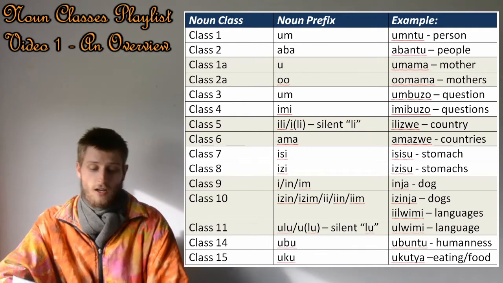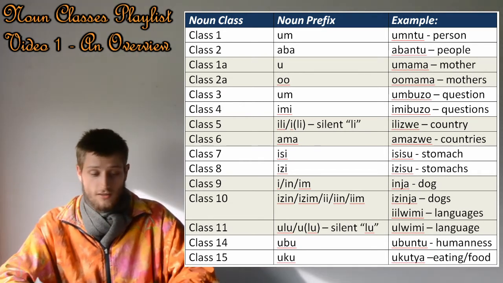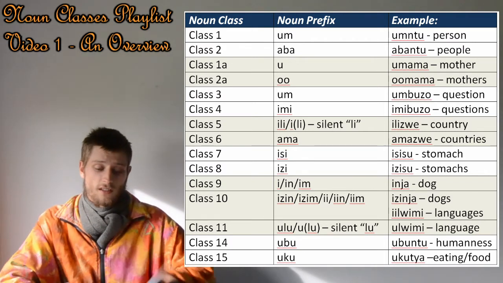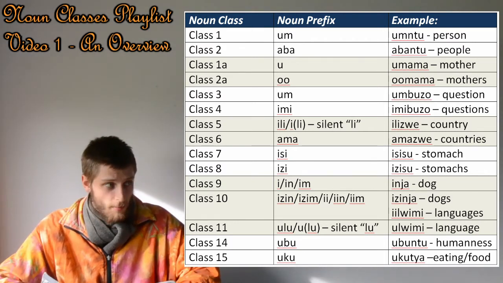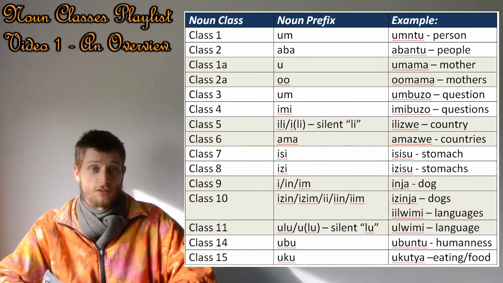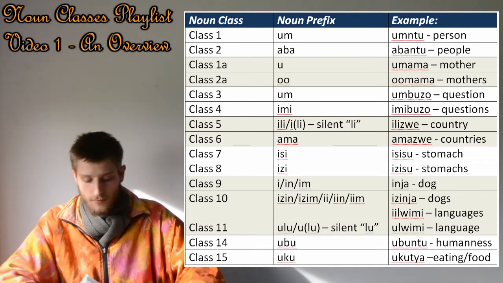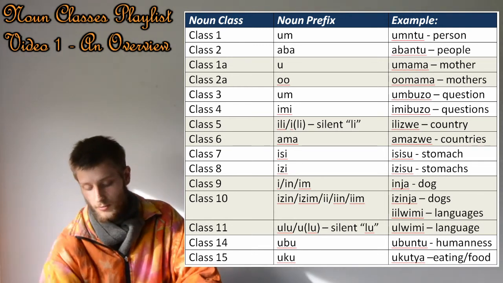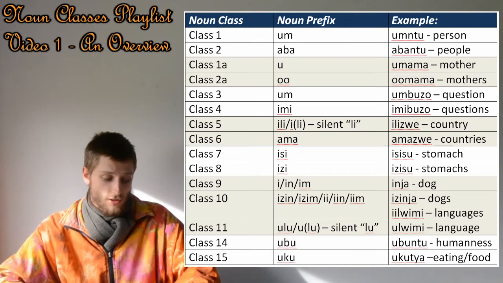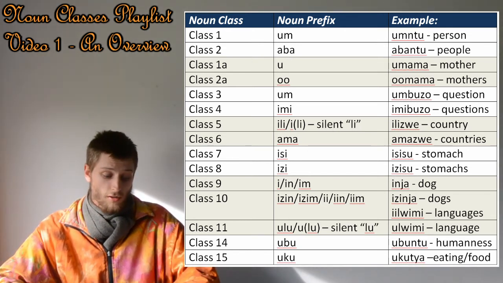And so yeah, class 1 and 2 go together. And this is on page 26 of this book, guys, and it's very well explained. So classes 1 and 2 are basically exclusively for nouns that are human related. So the example I've got in the table is umntu, which is class 1, and then class 2 corresponds with class 1.